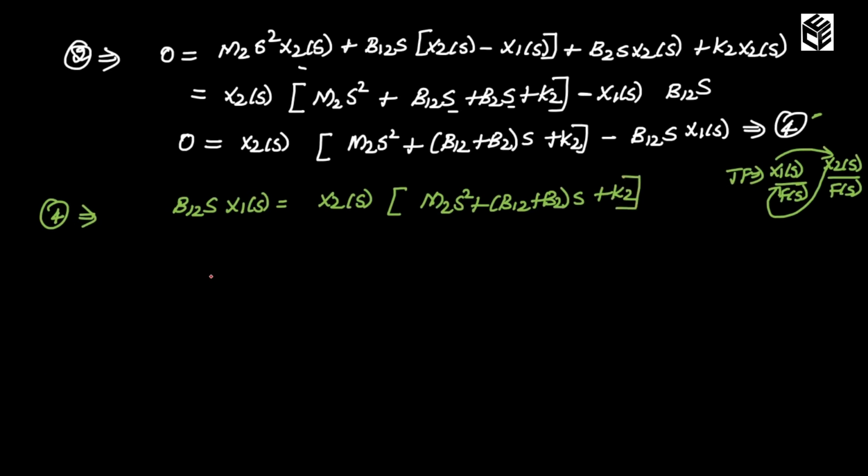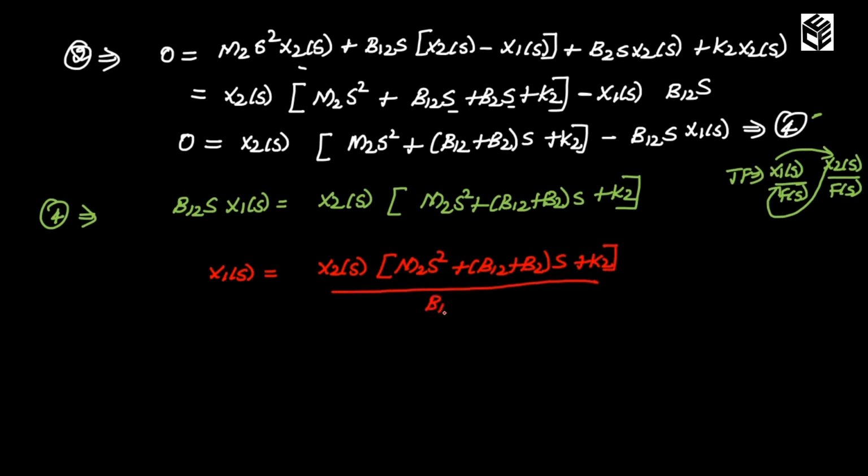From this, I am going to write X1(s) is equal to X2(s) into (m2 s² + (b12 + b2) s + k2), the whole divided by b12 s. I am going to take this as equation number 5.